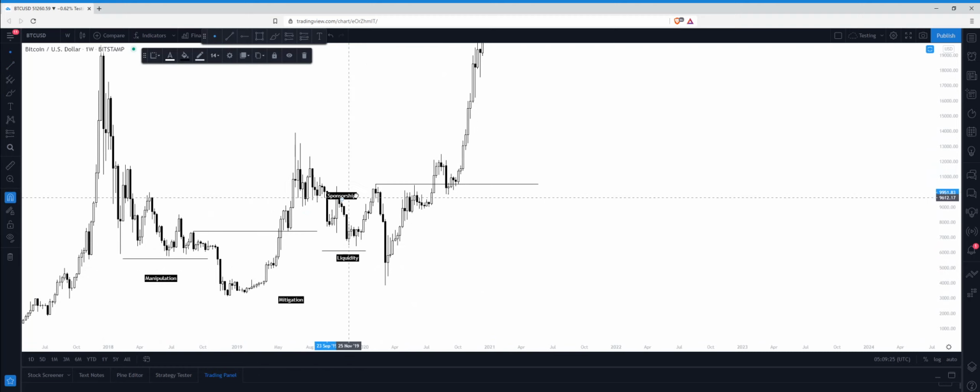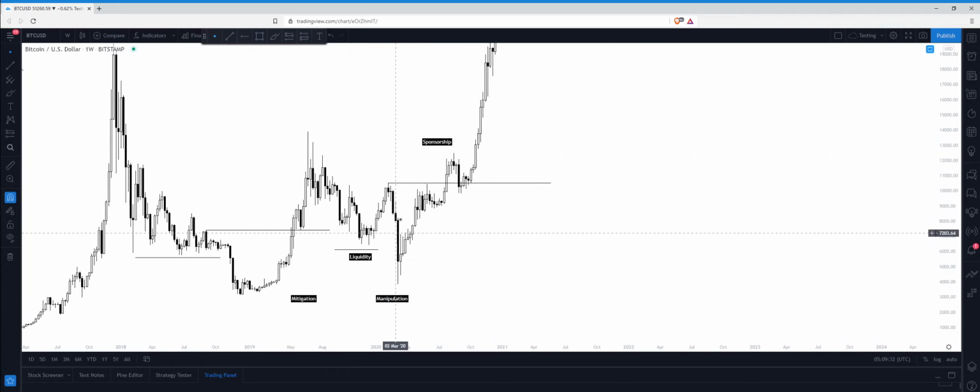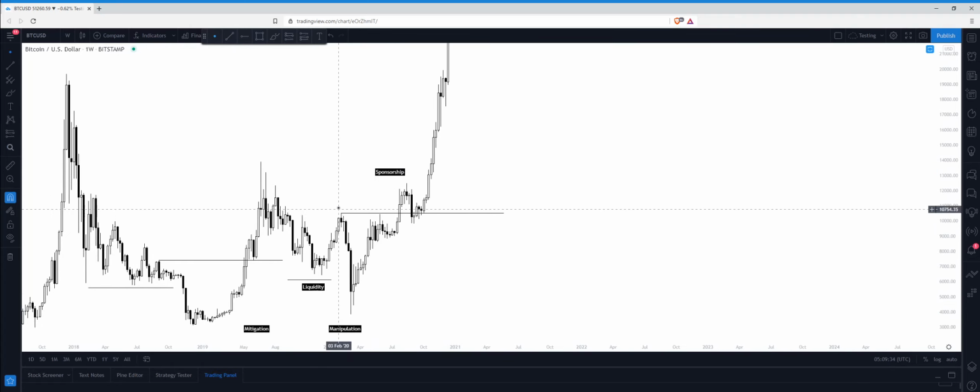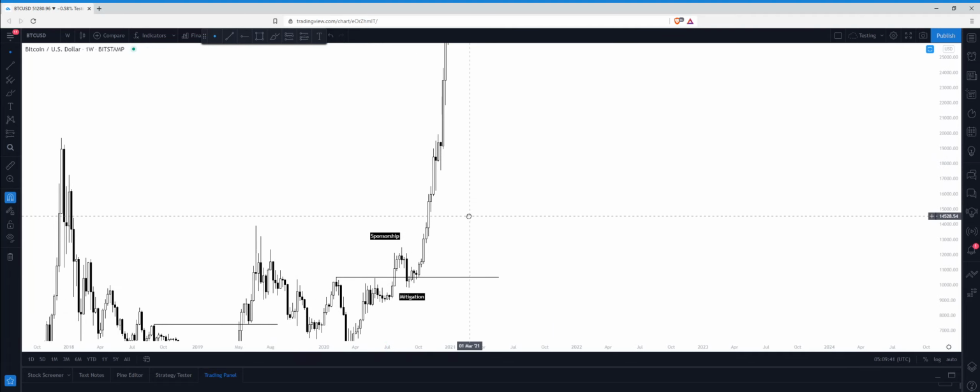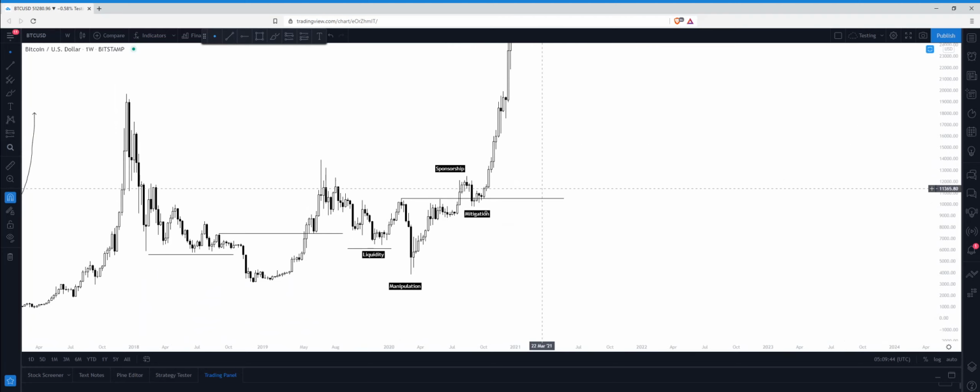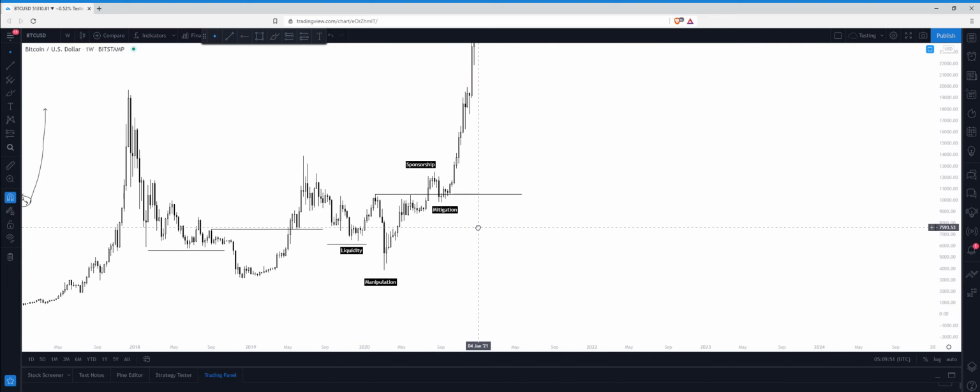Okay, so we have the manipulation down into here, the sponsorship being the move up and confirmation break above here being a broken base, and then the mitigation of the orders right here. Now, do you think that this is just a coincidence that it just happens to play out like this? No, it's not.